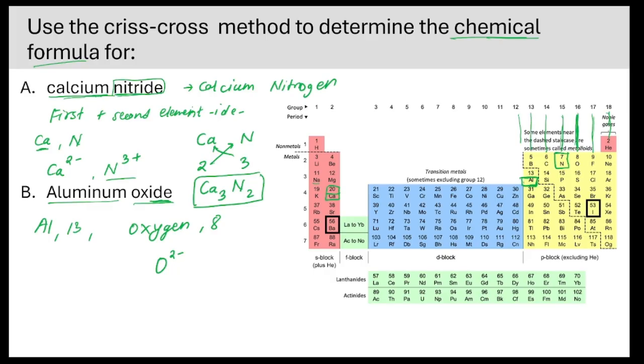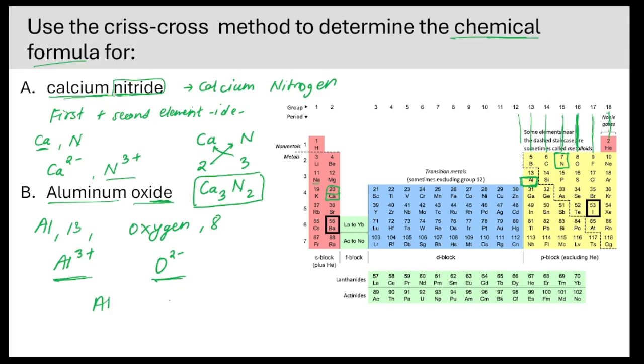Aluminium is here, so valence electron is 3, and it can either lose 3 or gain 5, so it will lose 3 instead. Now we know the charge on both of the elements.